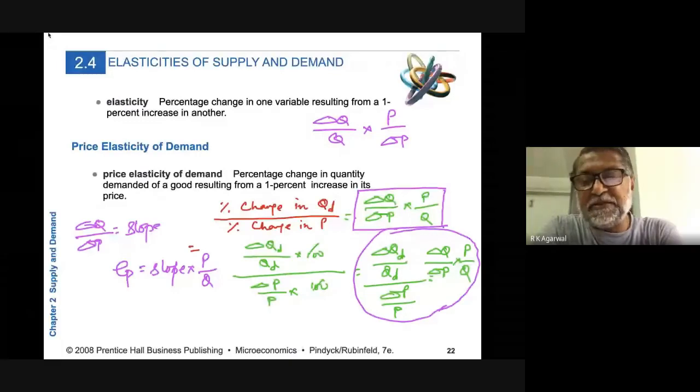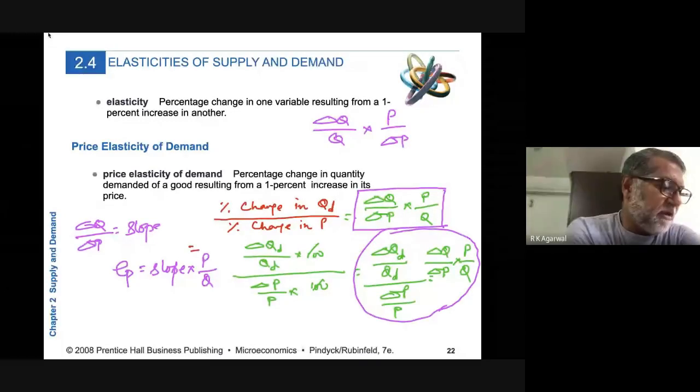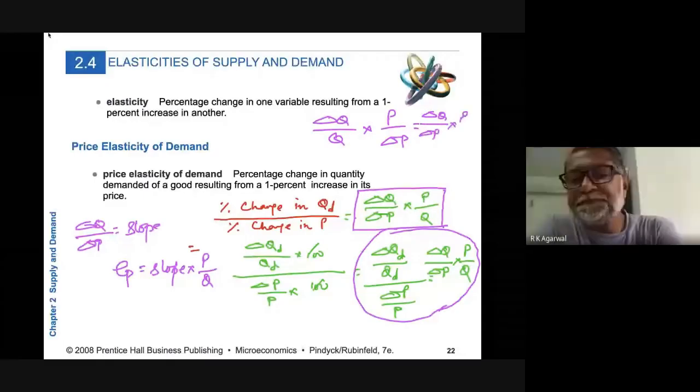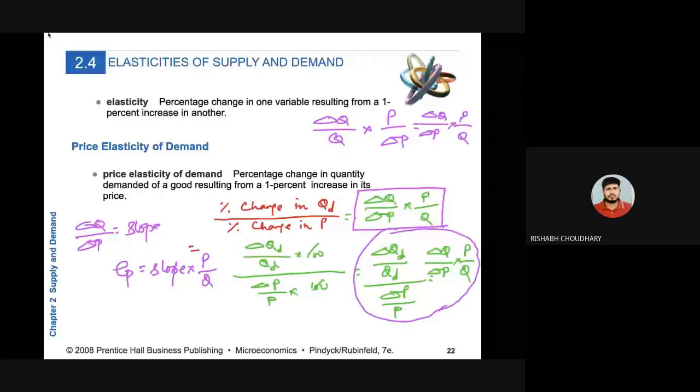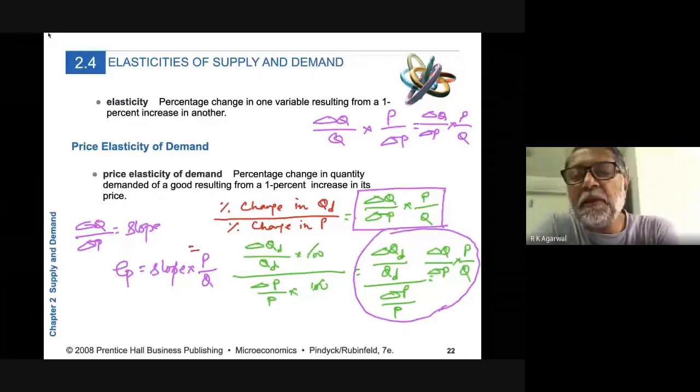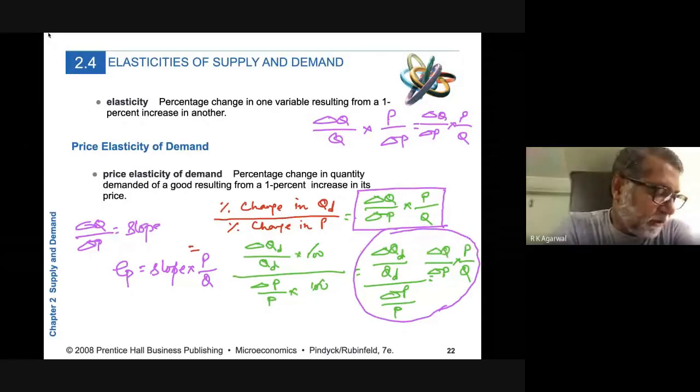That is, instead of delta P by P, it will become P by delta P. And you slightly rearrange it: delta Q by delta P into P by Q. That's it. Is it okay? Yes, I got it. Okay.